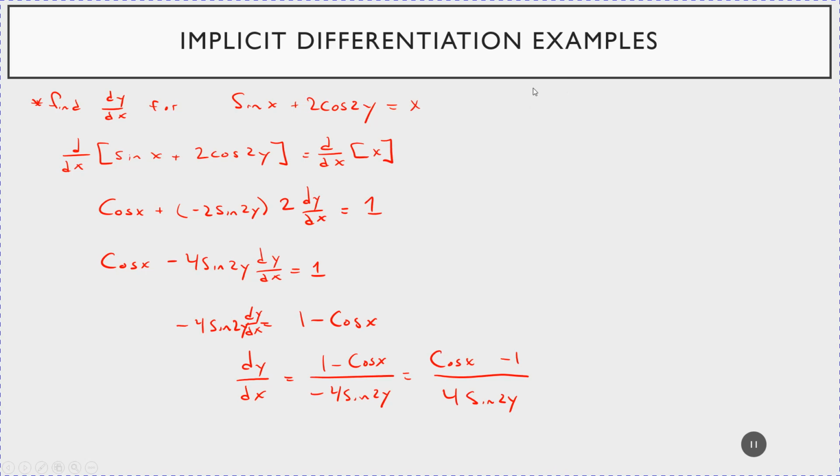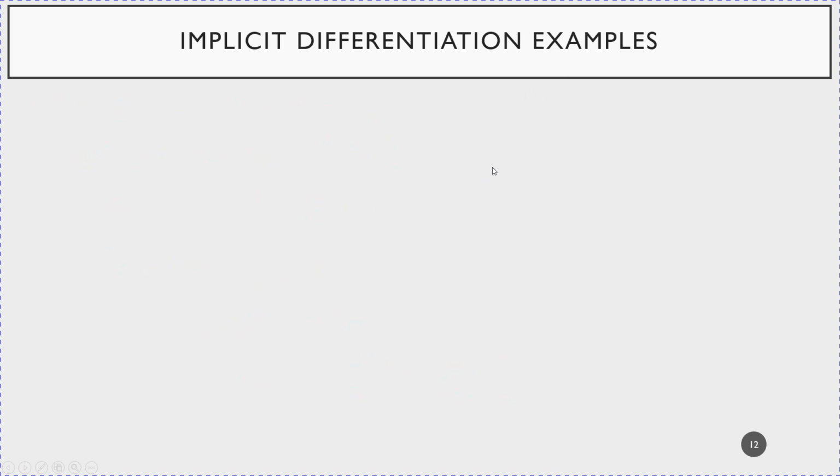All right, let's try this one. Let's find dy/dx for, let's look at y plus 2x is equal to sine of xy. So again, differentiate both sides with respect to x.